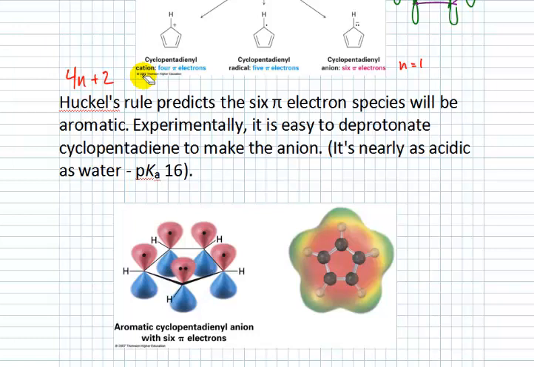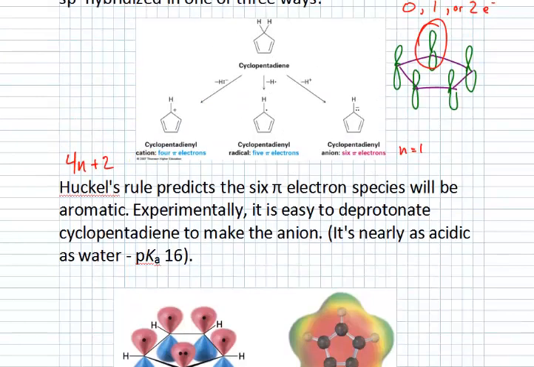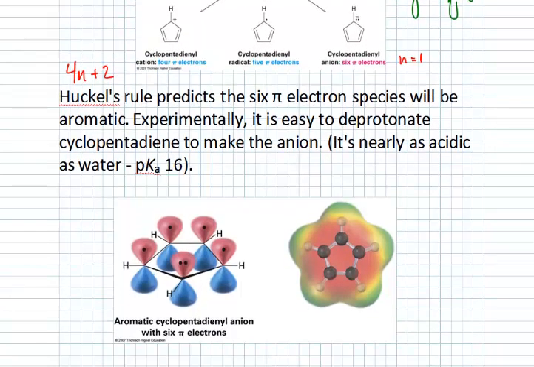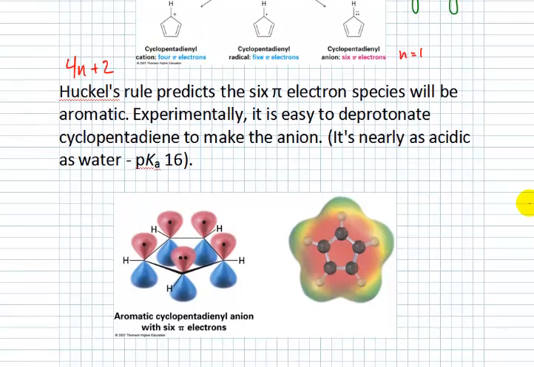We can see that experimentally. It's very simple to deprotonate cyclopentadiene, right? If I deprotonate it, I remove just the H and keep its electrons there to make the anion. Here is the 2 electrons right in there. And what we end up with is electron density evenly spread throughout all of those 5 carbons.